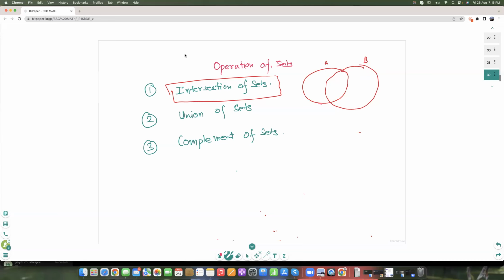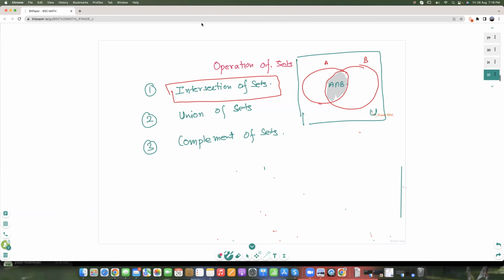So this part we can write down as A intersection B. Union means every element will be there. Oh sorry, U is universal, not union.